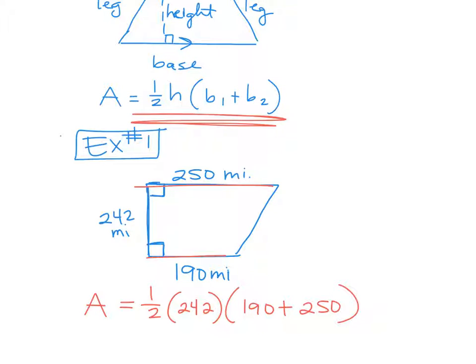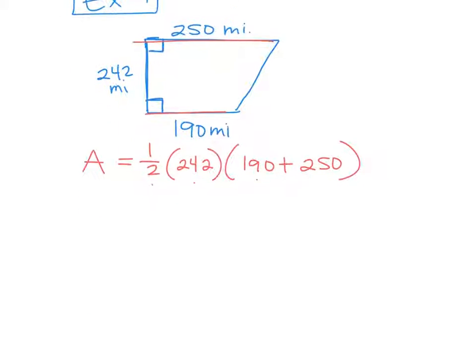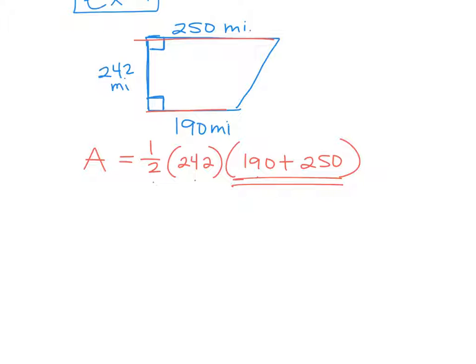Where you need to be a little bit careful is if you plug this into your calculator straight, your calculator will do 1/2 times 242 times 190, and then it will add 250 onto the back end of that if you don't put parentheses around it. What I would do is just add these together, press enter, and then multiply. It would be 440 miles.